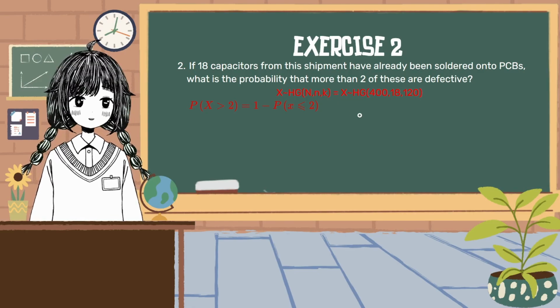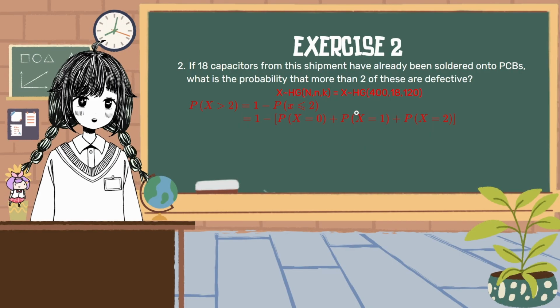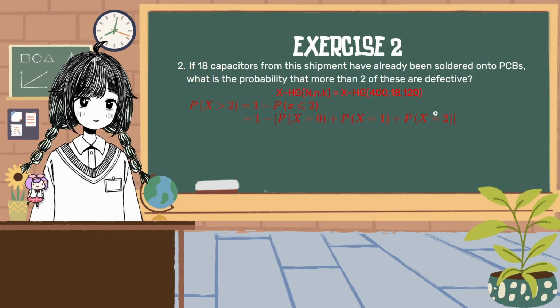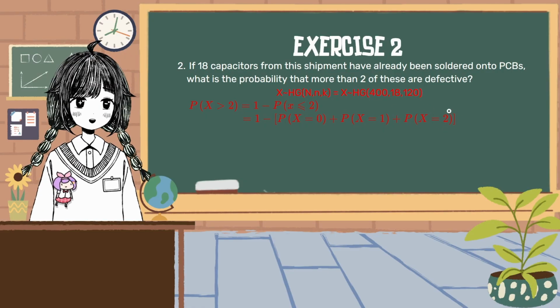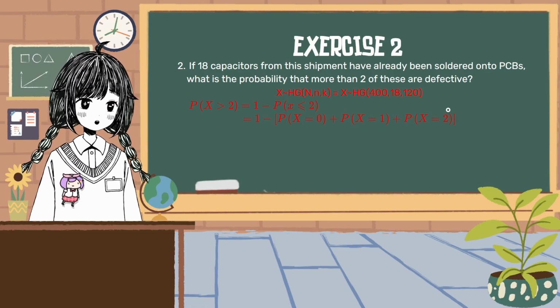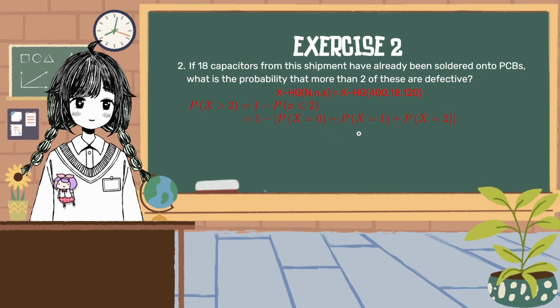So moving on, X less than or equal to 2 means that it's from 0 to 2. Unlike binomial and Poisson, hypergeometric doesn't have a stat table, so you have to do it manually using the equation.